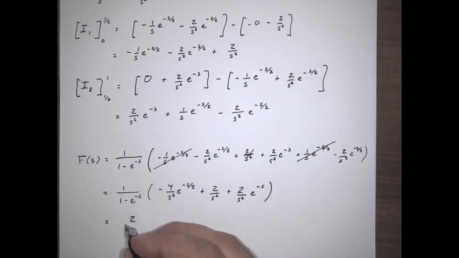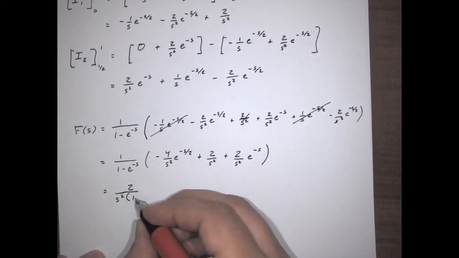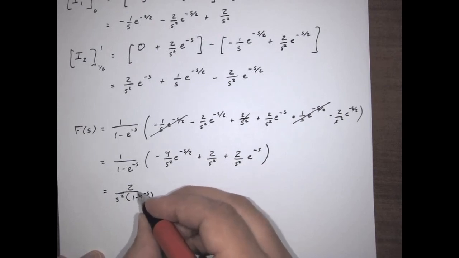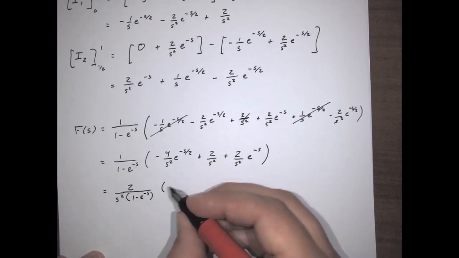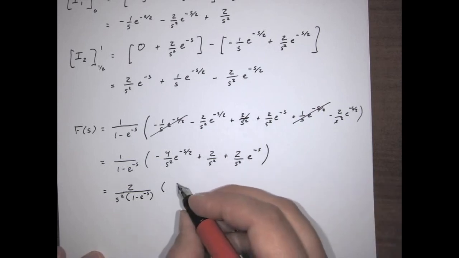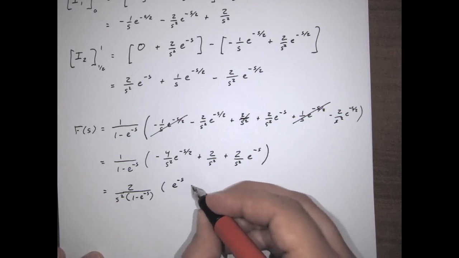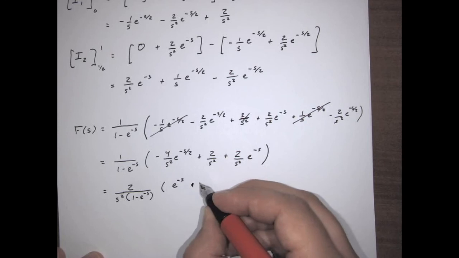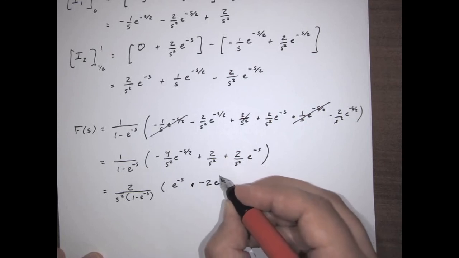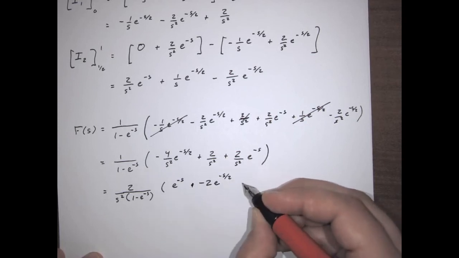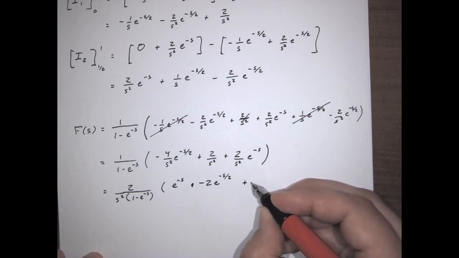So it's going to be 2, I'll pull out here s squared, we'll put down here 1 minus e to the negative s, and then here what will be left behind, I'm going to reorder it now as e to the minus s minus 2 e to the minus s over 2, and then plus 1.